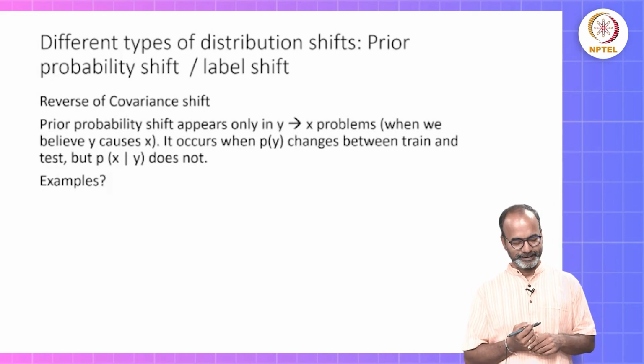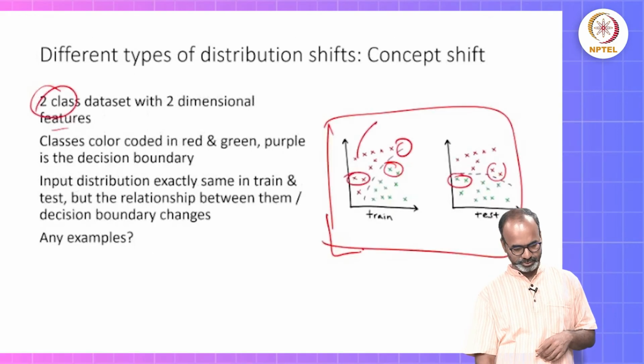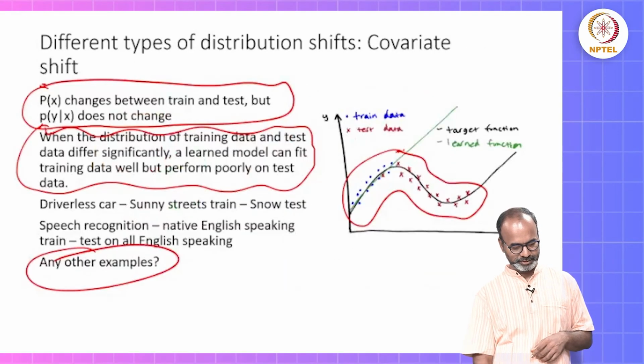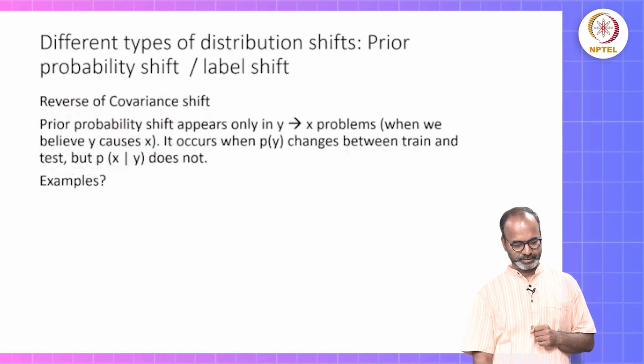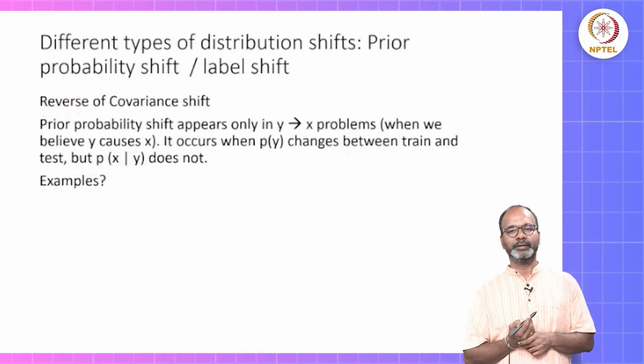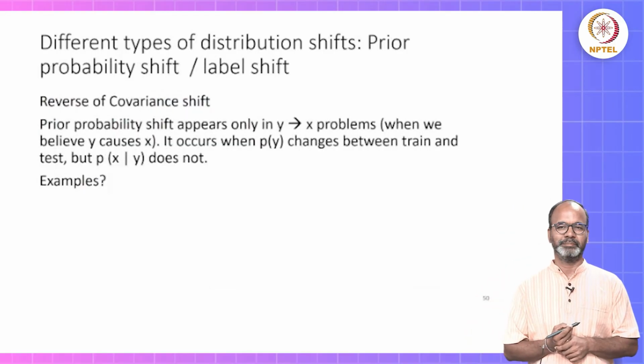This is opposite to what we saw here, opposite to covariate. Any examples that you can think of?